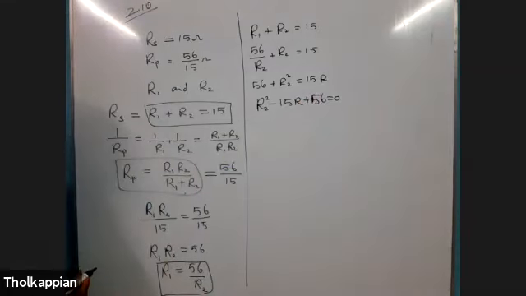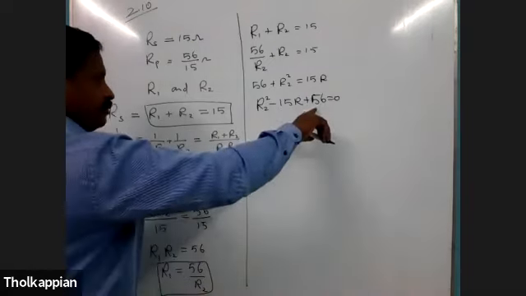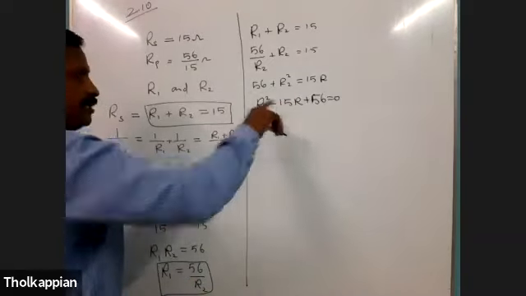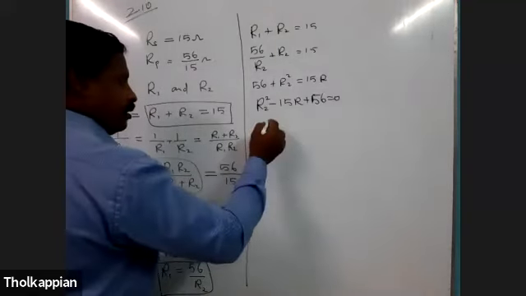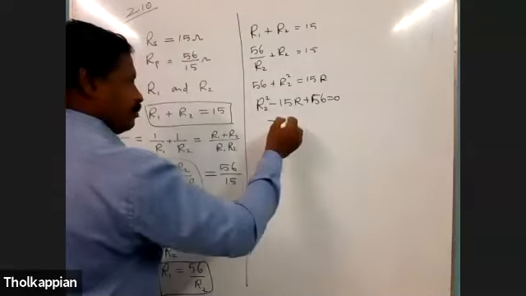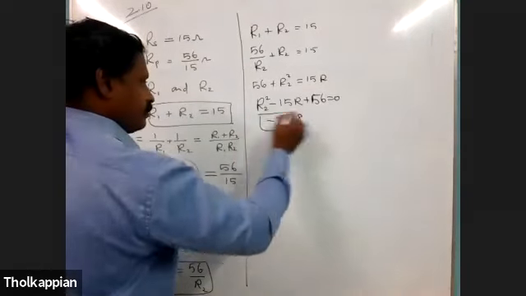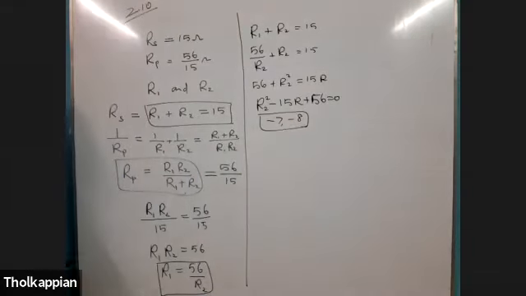We need numbers that multiply to give 56 and add to give minus 15. So the numbers are minus 7 and minus 8. 7 plus 8 is 15. 7 into 8 is 56.